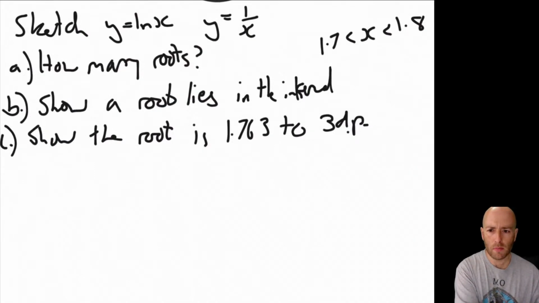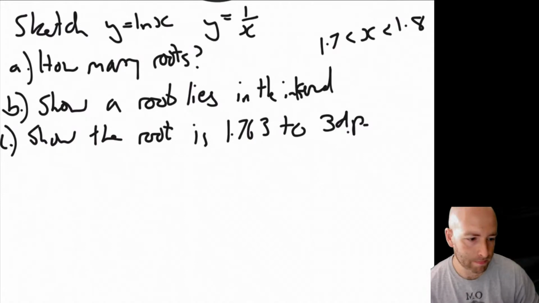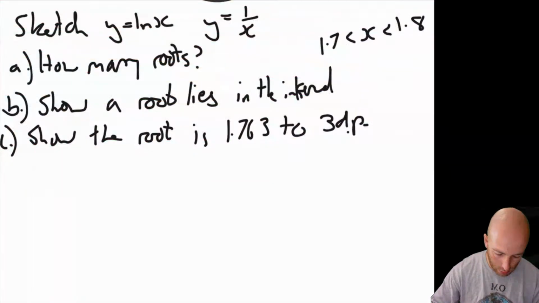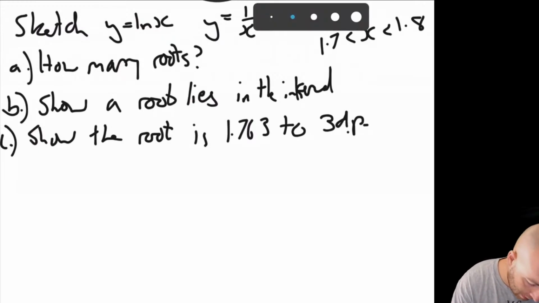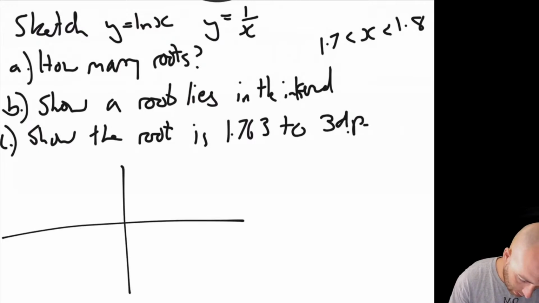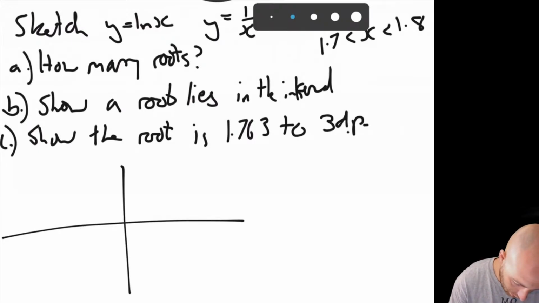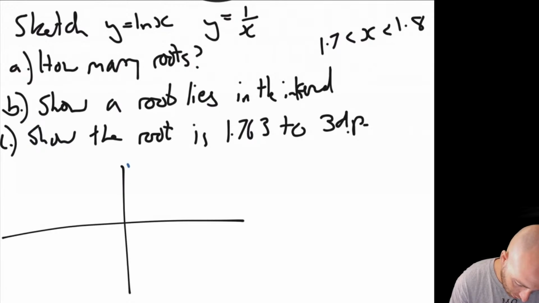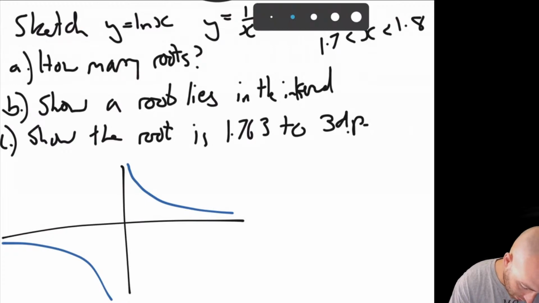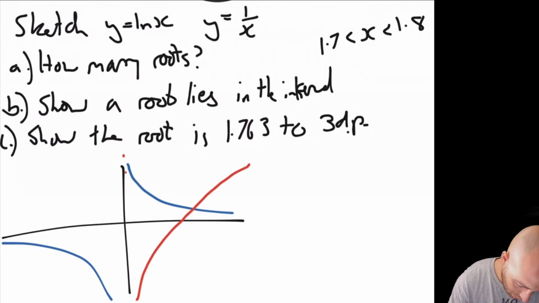Cool. Yeah, so as George has commented there, how many roots? What it means is, sketch it first of all. So we've got 1 over x, which is going to be here, and we've got ln x, which is going to be here.